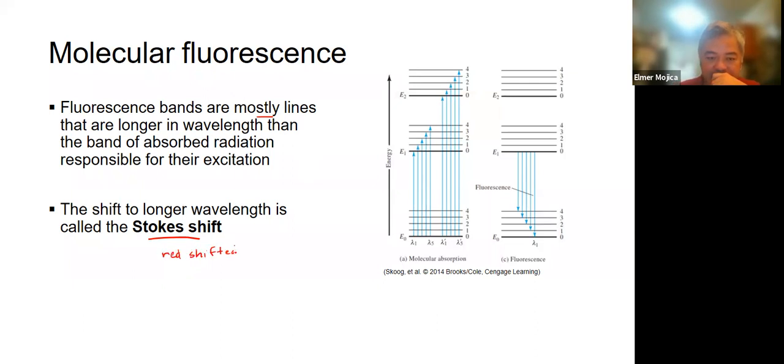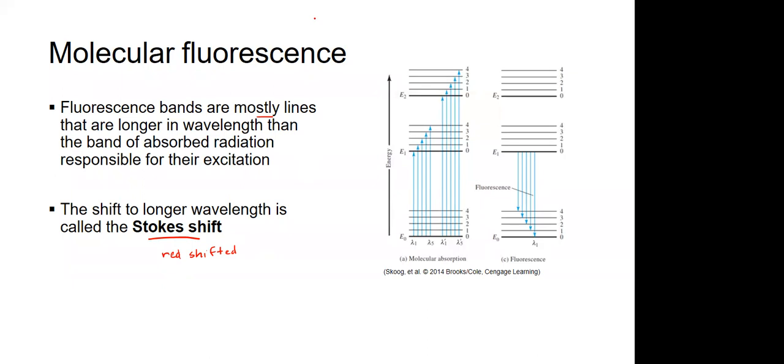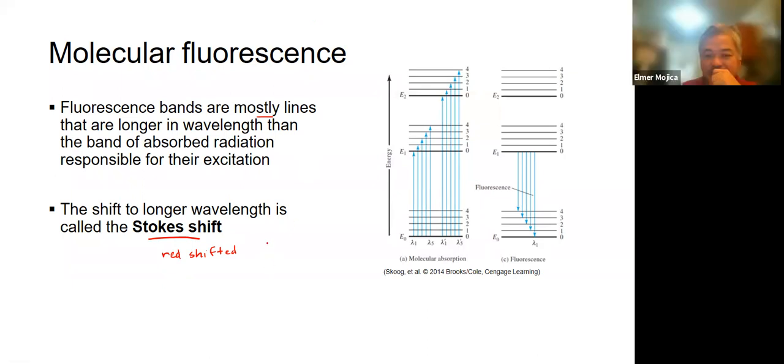So what does red shifted mean? Longer or shorter? Longer wavelength. So it goes to higher, or what we call longer, wavelength. So what happened is your fluorescence light is red shifted, a longer wavelength than the excitation light relative to the absorbed light.